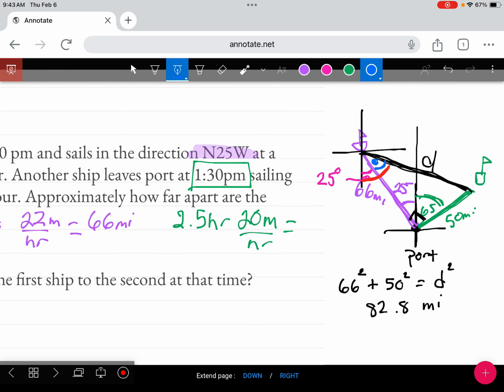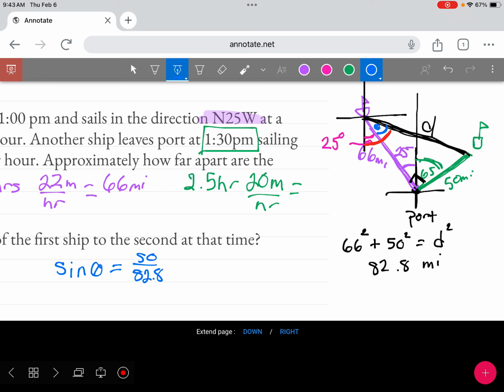All right, so blue angle we can find. I'm just going to grab sine. Sine of blue angle, opposite, 50, over our hypotenuse, which is 82.8. So do your inverse sine of 50 over 82.8.